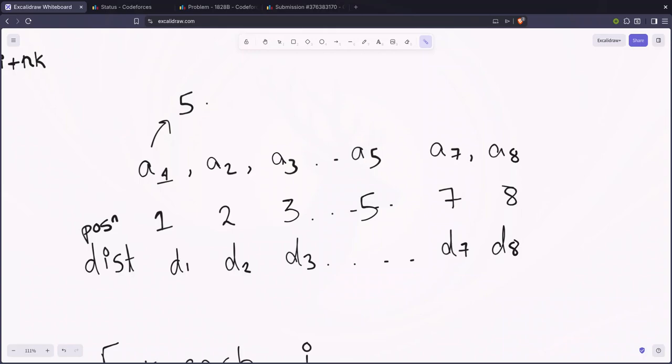Let's say that the distance it needs to move is d1. Likewise, d1, d2, d3 are the distances that a particular element must move to match its position, because matching its position means it is sorted: the first position will have the value 1, the second position will have the value 2, the third position will have the value 3, likewise.